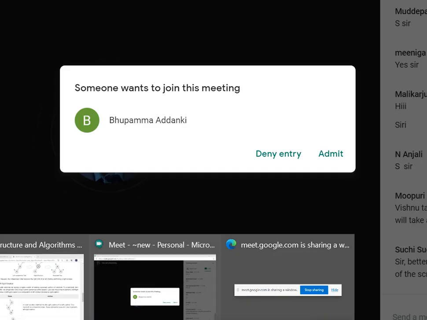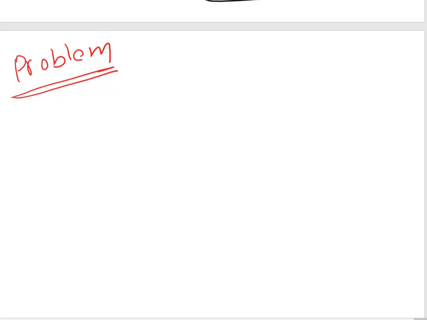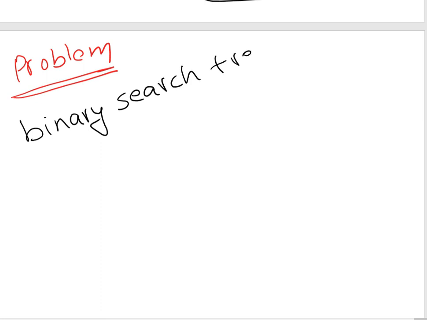Once again repeating, here the problem is the binary search tree is not balanced.